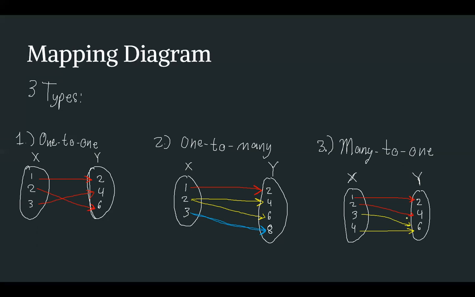So as you can see in this diagram, if you're going to compare it to the second diagram, which is the one-to-many diagram, it seems like it's the reverse.